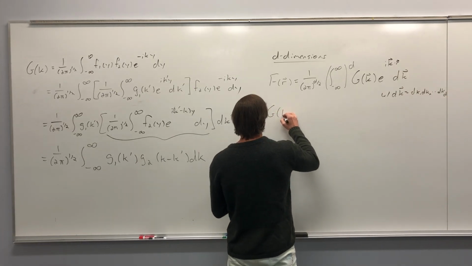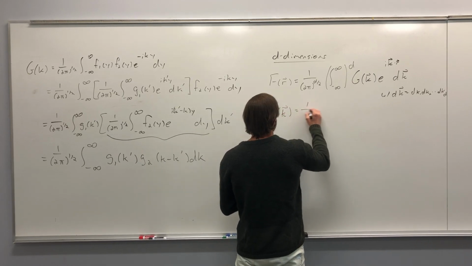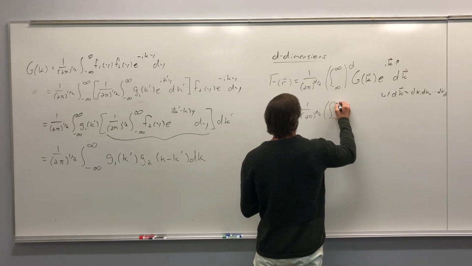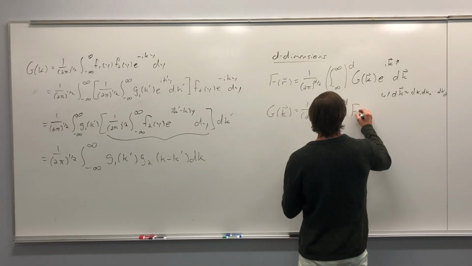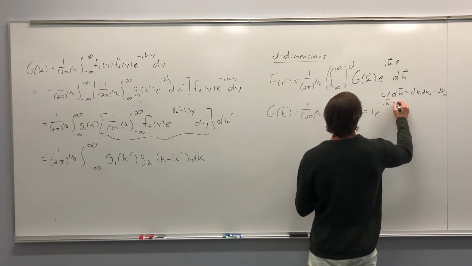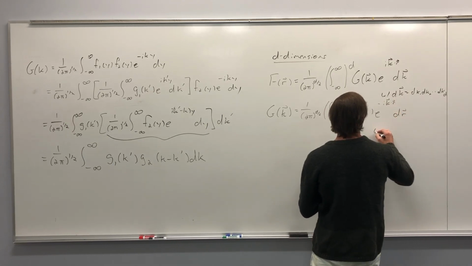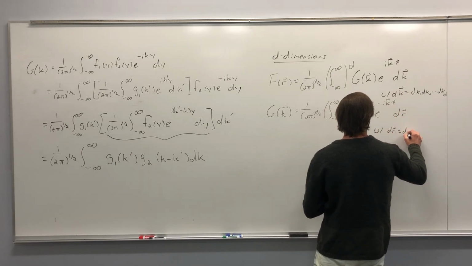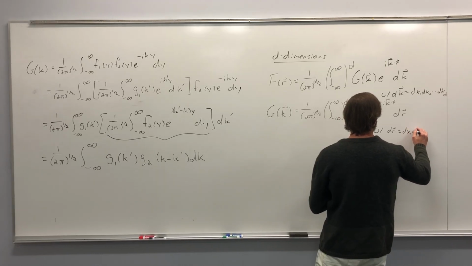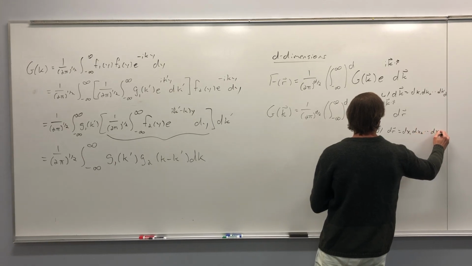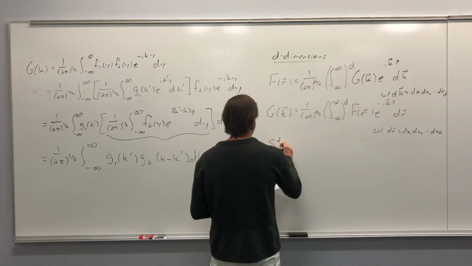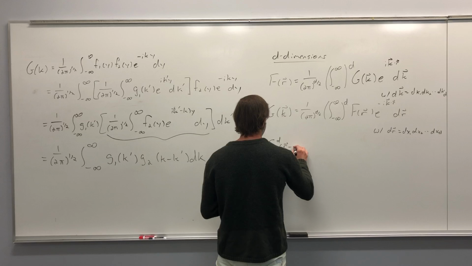And then g of k is, of course, just the Fourier mirror of this. And in this story, we also again get the higher dimensional generalization of the delta function.